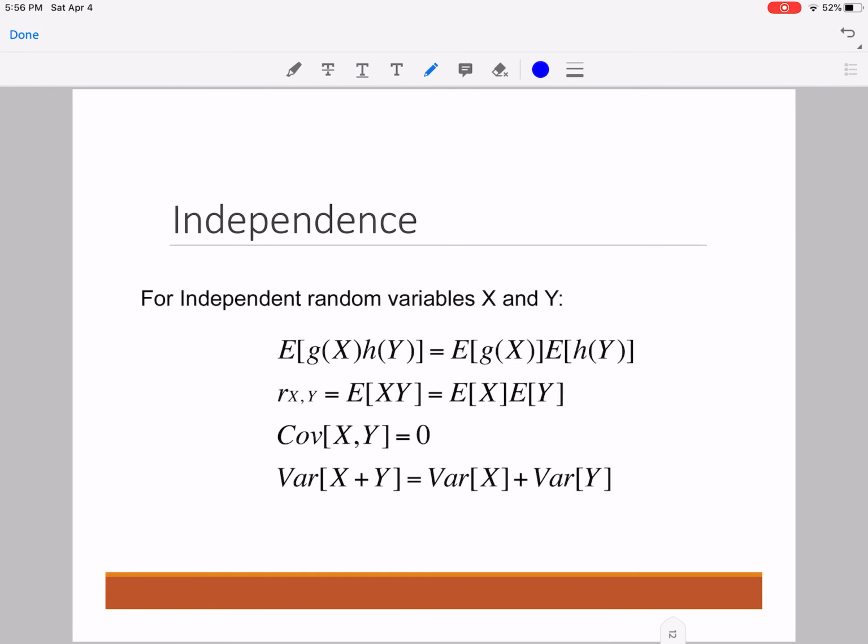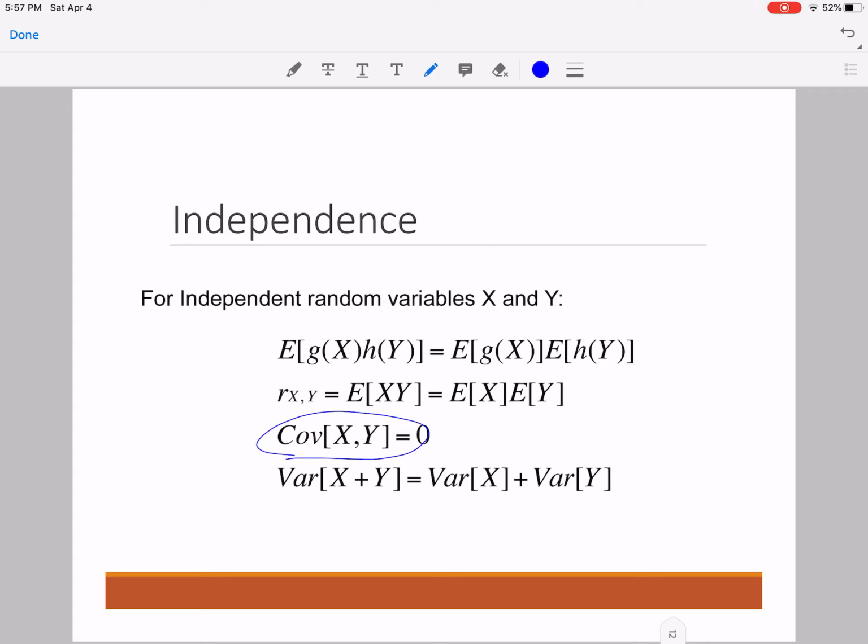You can also exploit the concept of independence to find out the values of covariance and correlation. Two random variables x and y are said to be independent if their covariance is equal to 0. When the covariance of x and y is equal to 0, it essentially tells you that one random variable does not clearly tell you whether the other random variable is increasing or decreasing.